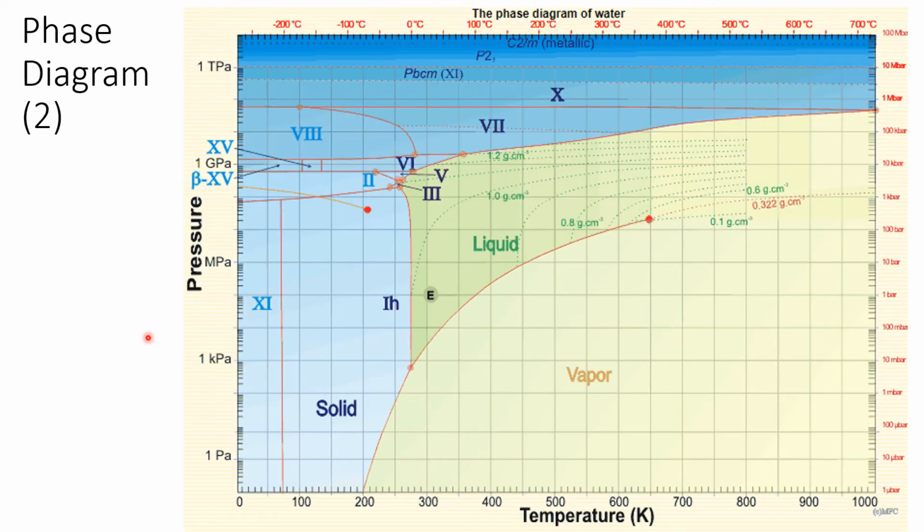So what we're going to do here is look at how you read one of these things. Remember that 1 atmosphere of pressure is about 100 kPa. So here's 1 kPa, and that's 1 million Pa. So 100 kPa is going to be right about here. And then this temperature scale is in kelvins, because we like to work in kelvins.